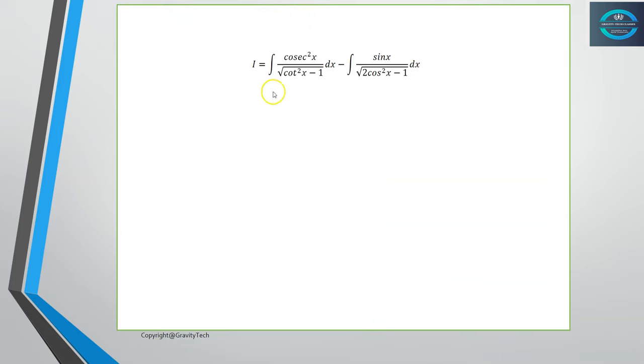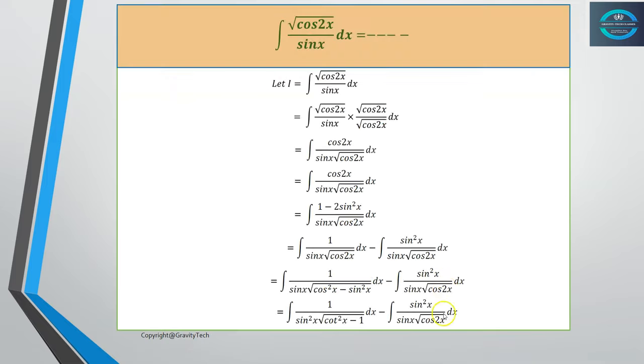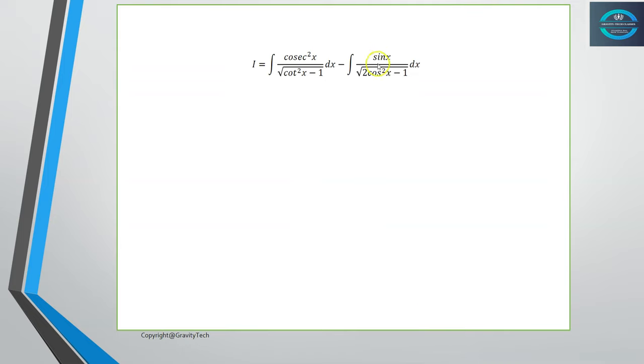Now 1 upon sin square will become cosec square x dx upon cot square x minus 1. Here one sin was cancelled. So this is what, 2 cos square x minus 1. See here, 2 cos square x minus 1 is the value of cos of 2x, right?